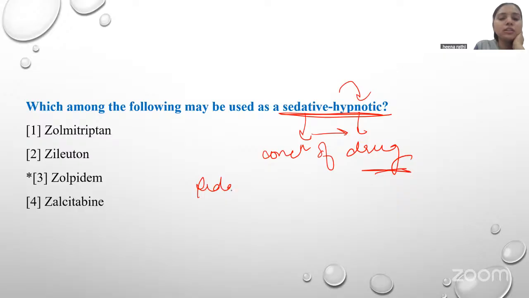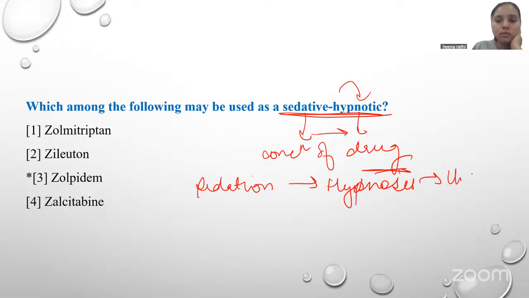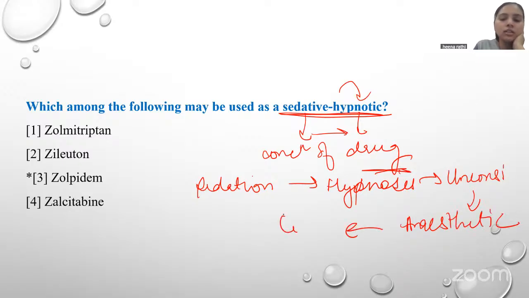First, the effect is sedation when it is taken in a lower dose. When it is taken in a higher dose, there will be hypnosis. If it is taken in a still higher dose, there will be unconsciousness, so an anesthetic effect will be seen. And if it is taken in an even higher dose, coma and death of the person can occur.